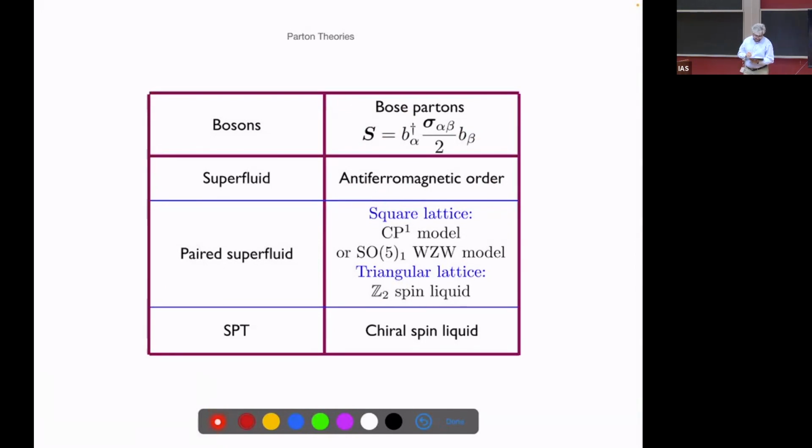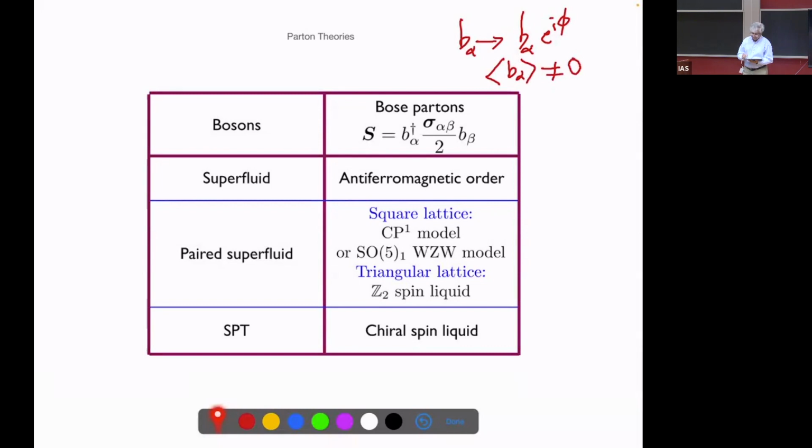So there's a gauge symmetry of b going to e to the i phi b, where there's an index on b. And what I mean by the statement that the gauge symmetry is broken completely is that if I have a condensate where the bosons condense, then there's no gauge transformation I can make which leaves the condensate invariant.